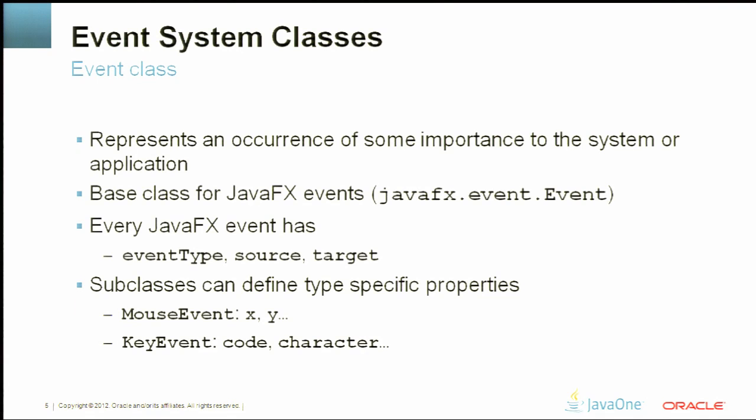The event is a base class for all these events. It has some common properties like type, source and target, and then the special events, like mouse event and key event, have their own properties like coordinates for mouse event and key code for key event.